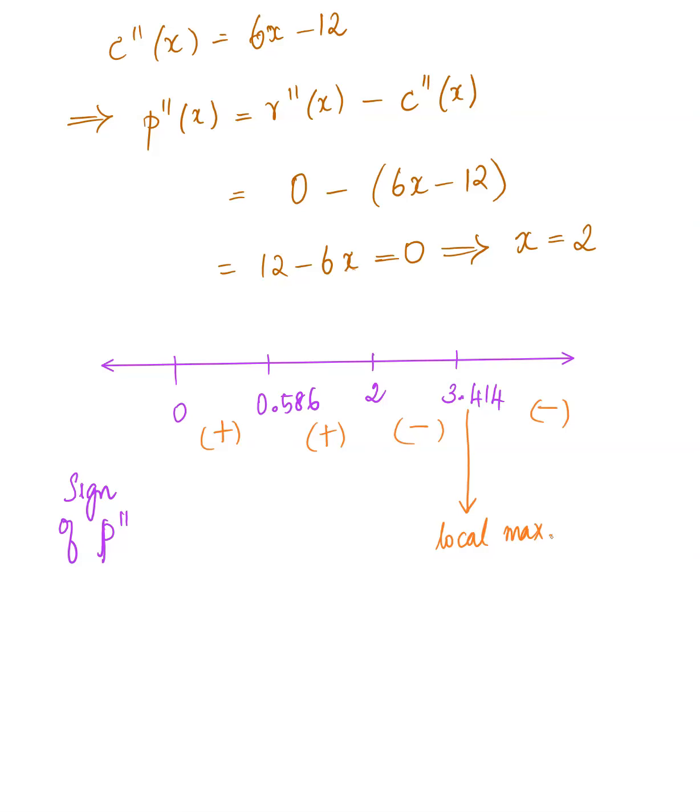Because of that, the maximum profit occurs at x equals 3.414. This is the point where the revenue exceeds the cost.